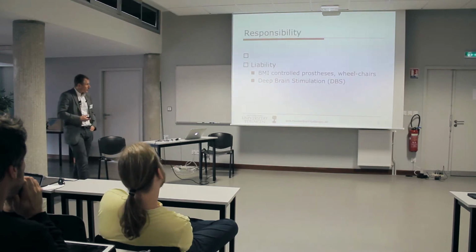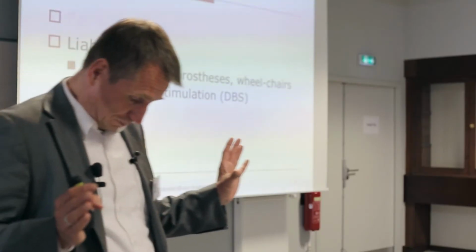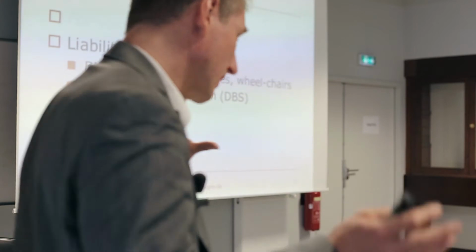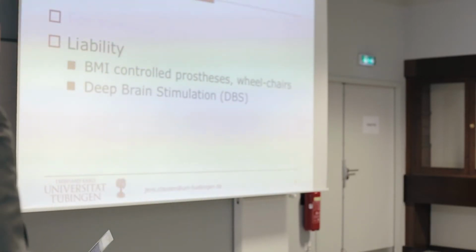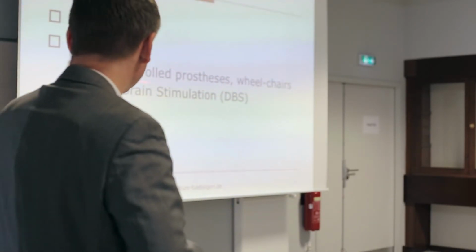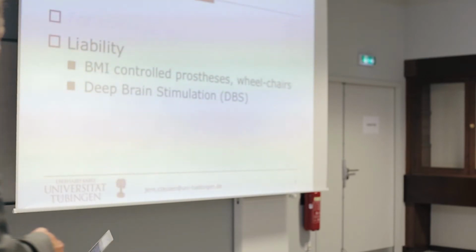So the question of liability again goes to brain-computer interfaces, brain-machine interfaces for controlling prostheses and wheelchairs, and the second issue, deep brain stimulation. To start with responsibility and brain-machine interfaces, we again have a robotic arm.